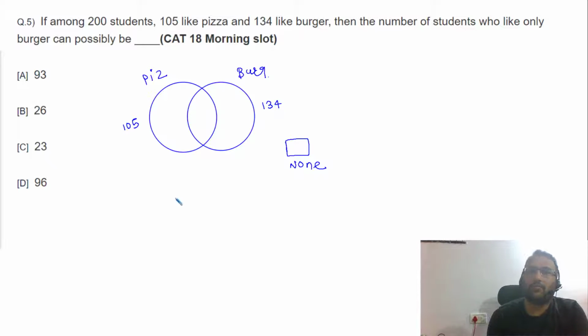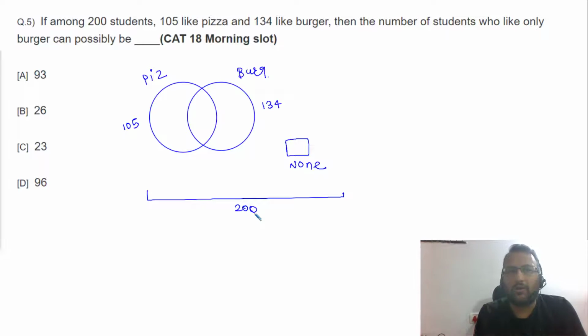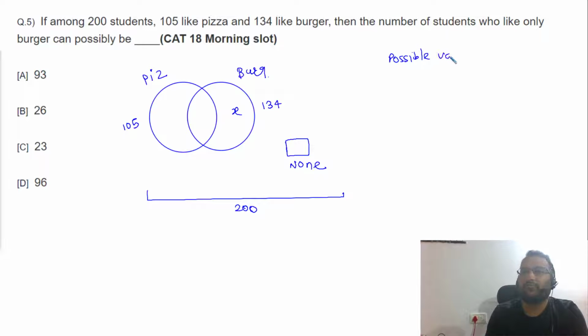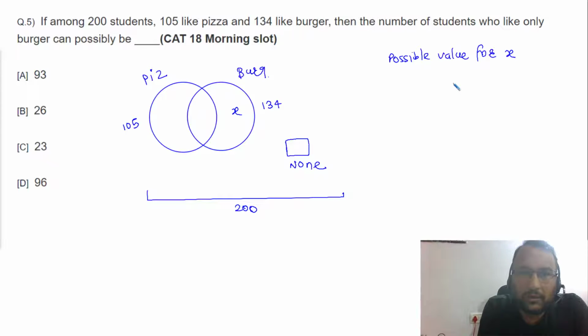And the total number of people are 200 over here. So now the question is, only burger, we want to find the possible value for x. So let's have a look at it. Over here we have options.